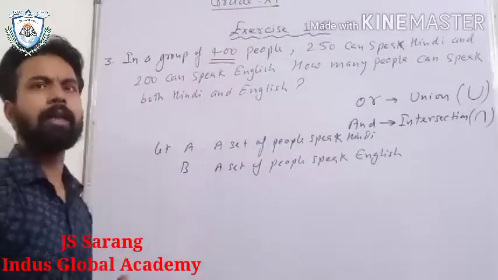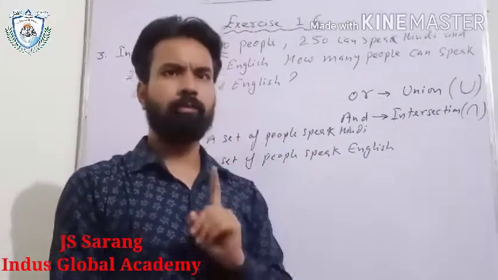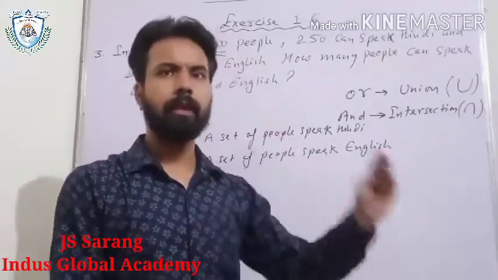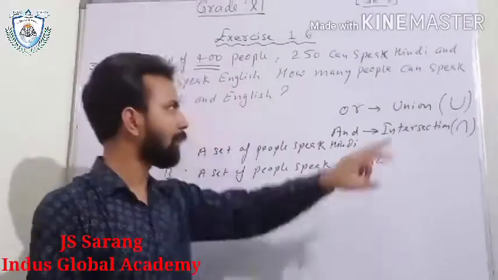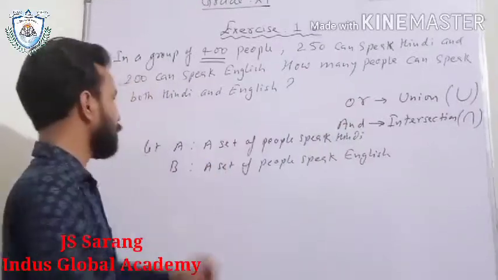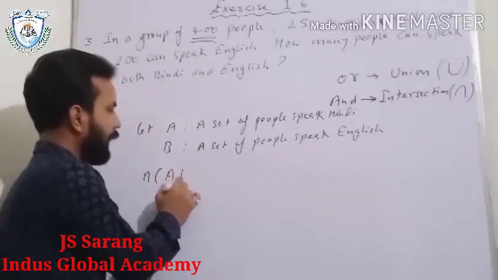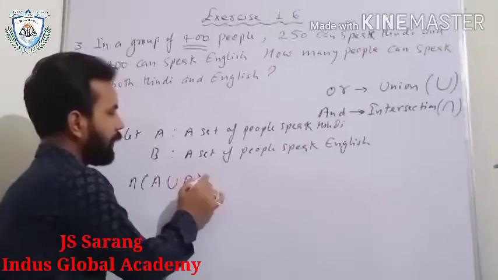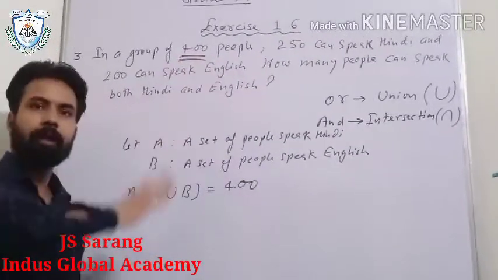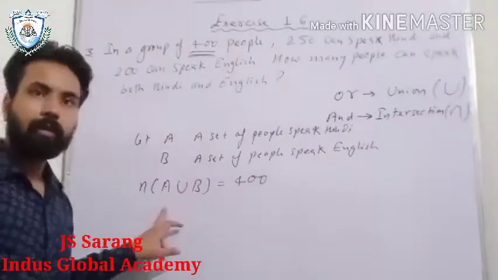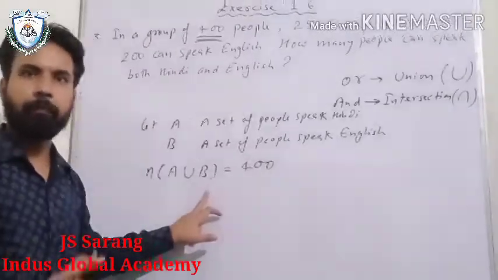So these 400 people can speak at least one language, either Hindi or English. So what word is used here? Or. If "or" is this, that means number of elements in A union B is equal to 400. The group of people 400, so we represent it as number of elements in A union B.